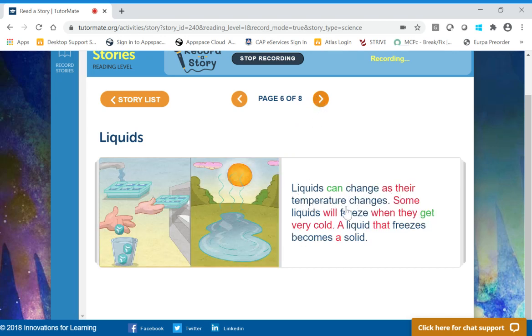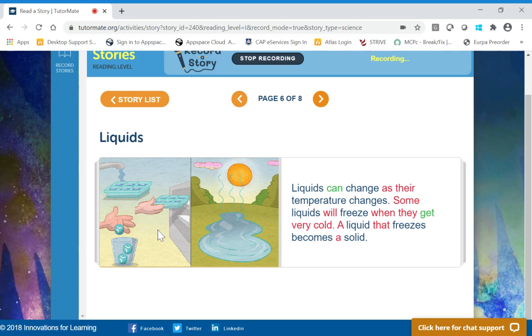Liquids can change as their temperature changes. Some liquids will freeze when they get very cold. A liquid that freezes becomes a solid. You remember about that? We talked about solids before, maybe like ice cubes. So here is water, which is a liquid, being poured into this container, and you stick it into the freezer.